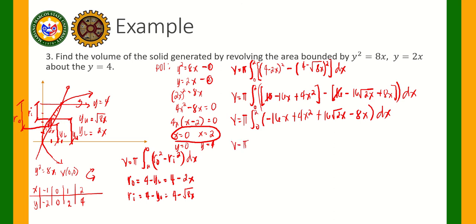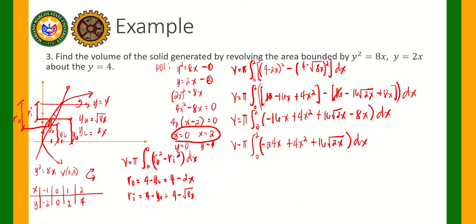If we simplify further, okay, combine like terms tayo, negative 16x minus 8x, that is equal to negative 24x. Okay? So, negative 24x plus 4x squared plus 16 square root of 2x, and then dx limits from 0 to 2.